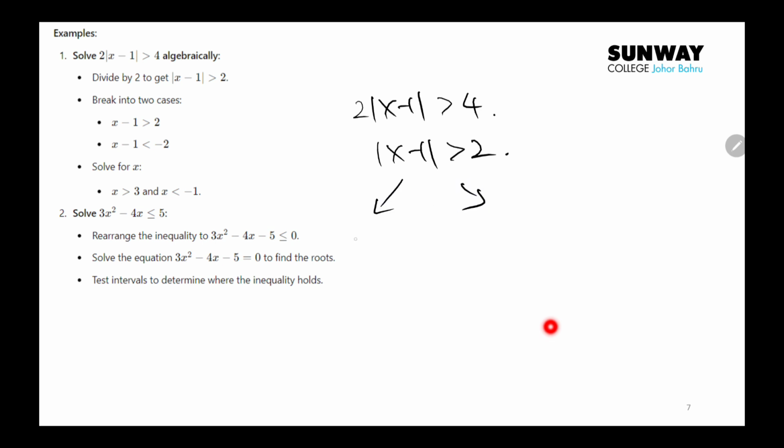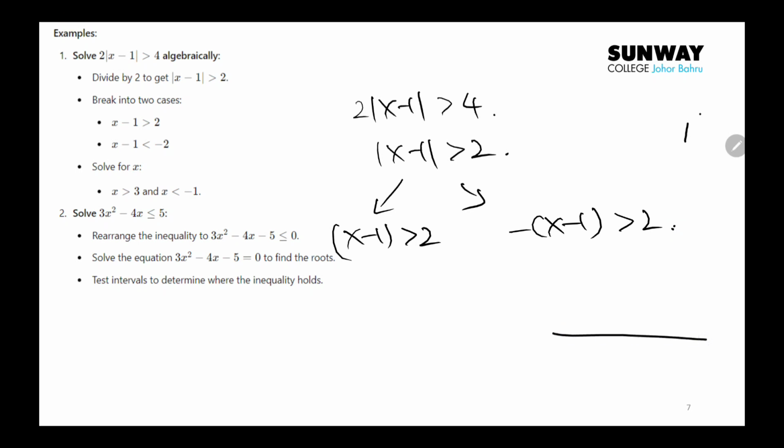Remember, you have positive x minus 1 bigger than 2 as well as negative (x minus 1) bigger than 2. Then you're just going to solve it as how you would normally solve it. So x bigger than 3, x smaller than 1. That's the reason why these are the answers.